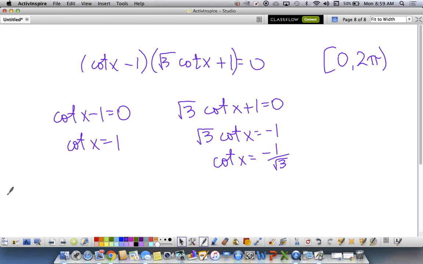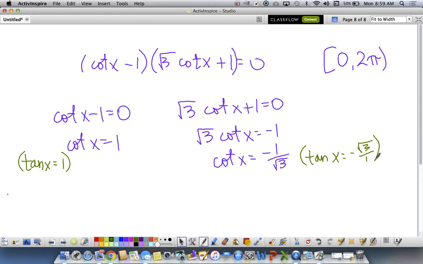What's tangent x in this case? If cotangent is 1, what is tangent? When we take the reciprocal, it's just 1. What's tangent in this one? Negative square root of 3 over 1.